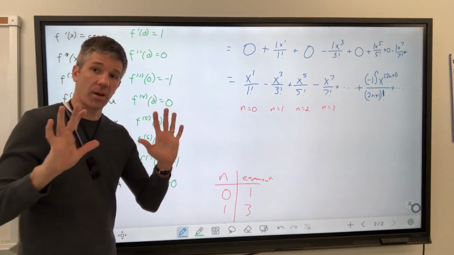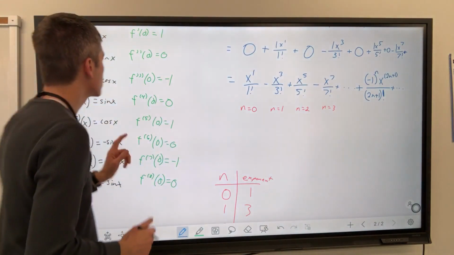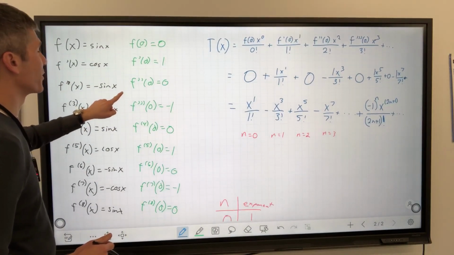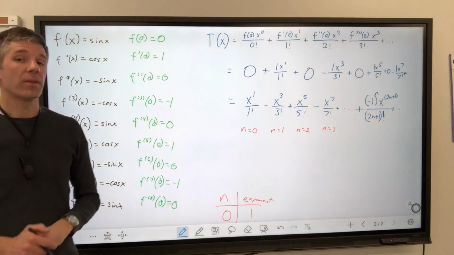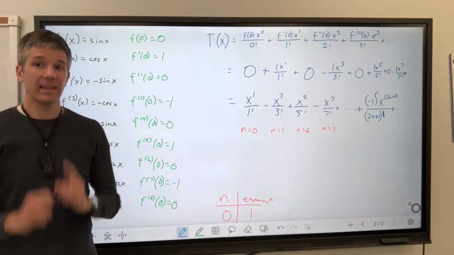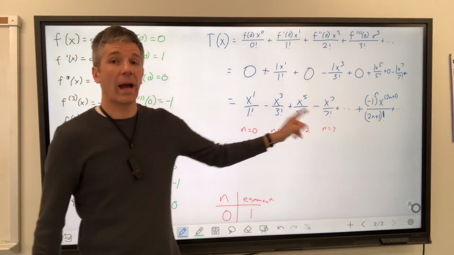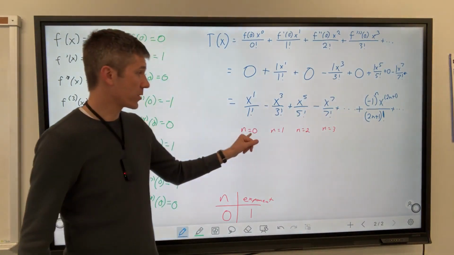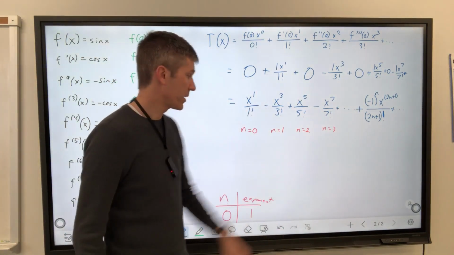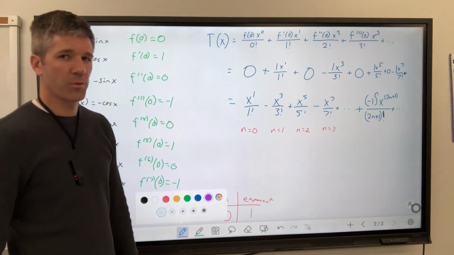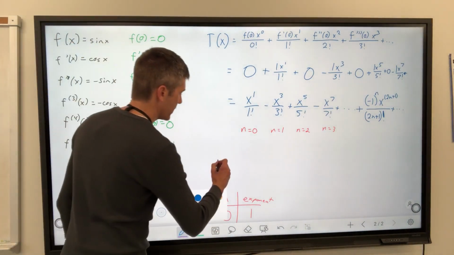I say mission accomplished, we're going to write the final answer. So, back to the beginning. We'll start the whole thing over. No, I'm kidding. Sine is this. Notice that we're adding lots of stuff, starting with 0 and going forever. So my final answer, written in the purple that you've waited for, is this.